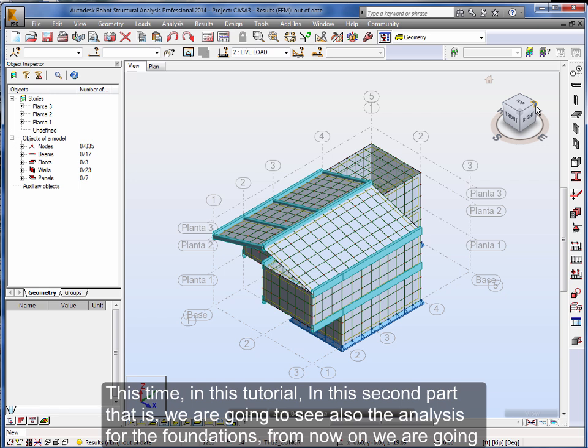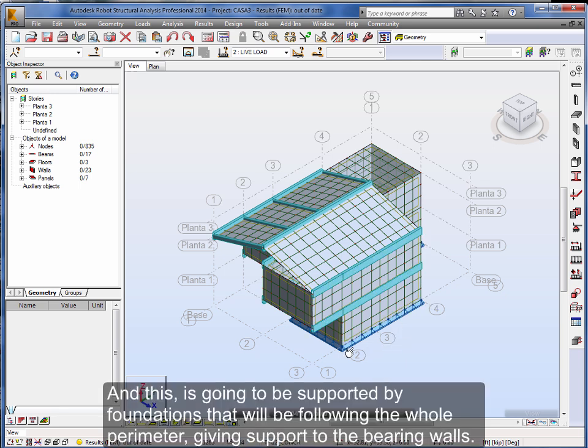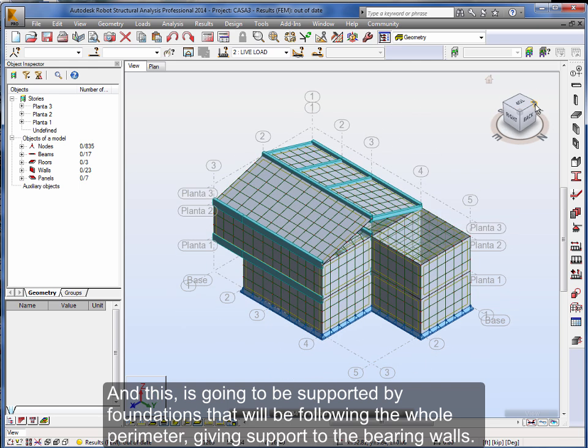This time, in this second part, we are going to see also the analysis for the foundations. From now on, we are going to assume that all the structure is made of concrete panels, reinforced concrete walls. Therefore, a reinforced concrete structure. And this is going to be supported by foundations that will follow the whole perimeter, giving support to the bearing walls.